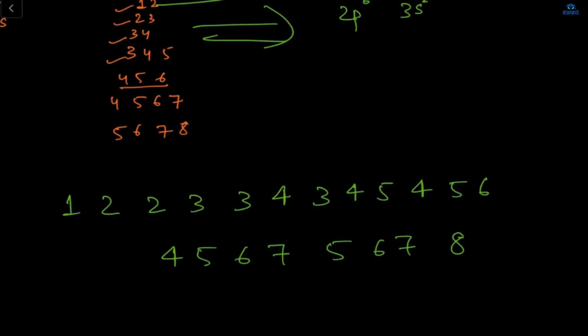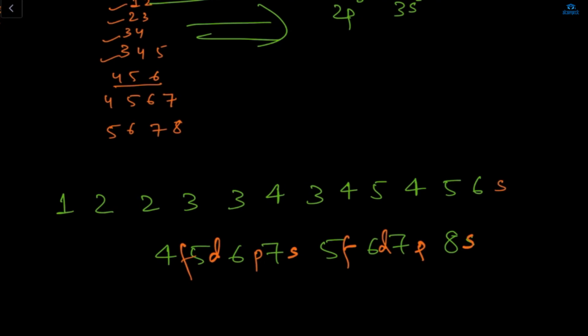Now you have to go backward: 5, 6, 7, 8, 9. Like that. For example, s p d f, then s p d f, then s p.